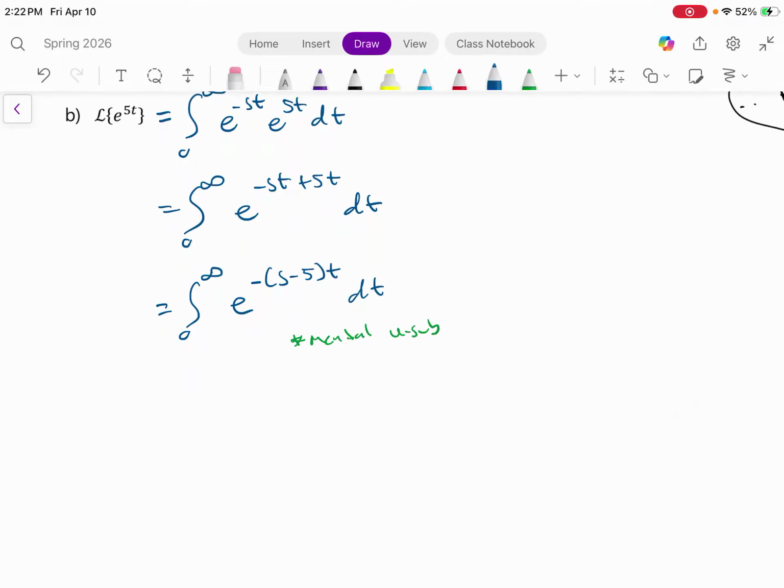Okay. And so this would be e to the negative s minus 5t all over negative s minus 5 going from 0 to infinity.